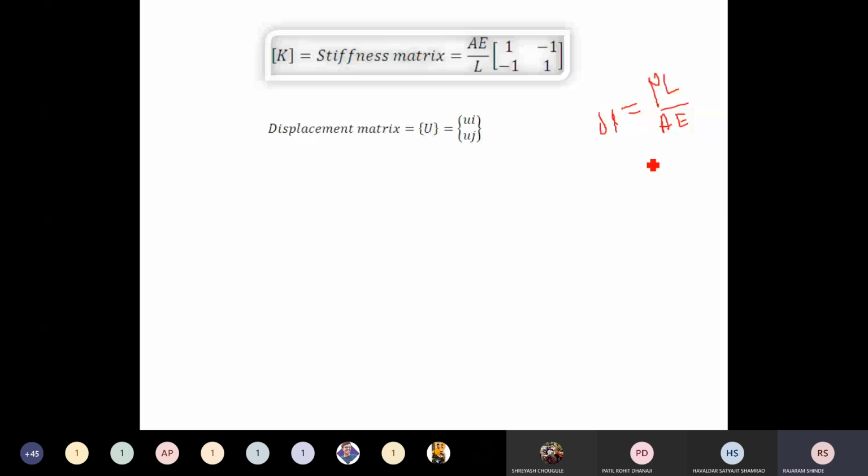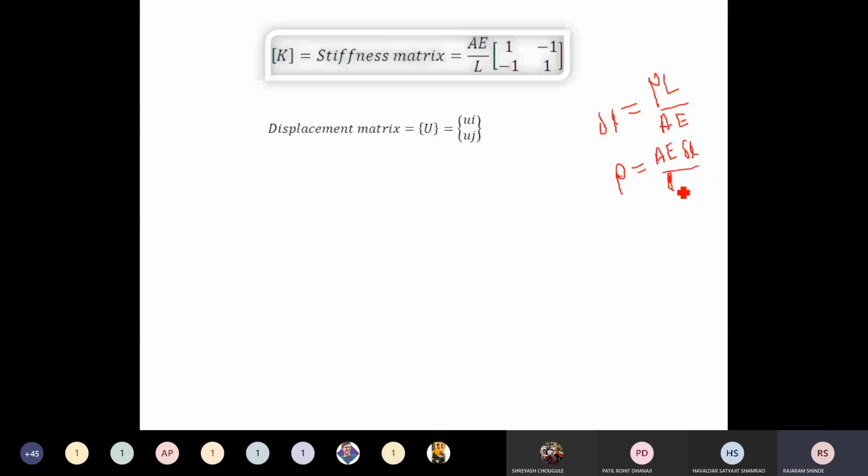Now I will write this equation for the force. Force is equal to AE into delta L divided by L. Am I right? Delta L divided by L.